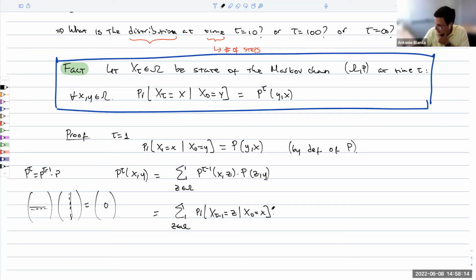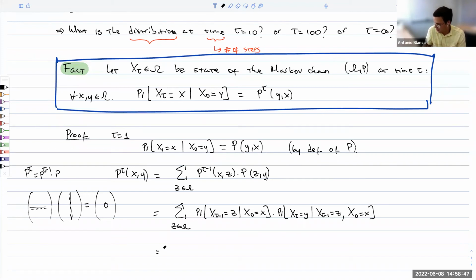And this probability here, I can conveniently write as the probability that X_t is y, given that X_(t-1) is c. And I can even add here the condition that X_0 is x, because it plays no role, by the Markov property. Are you happy with that?